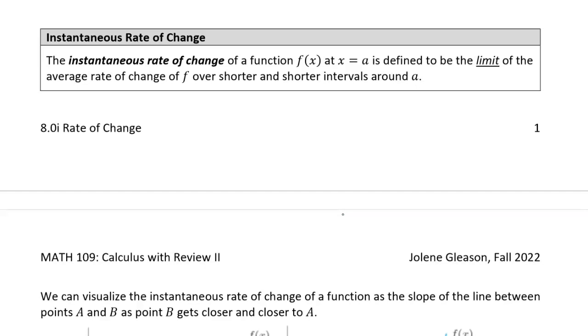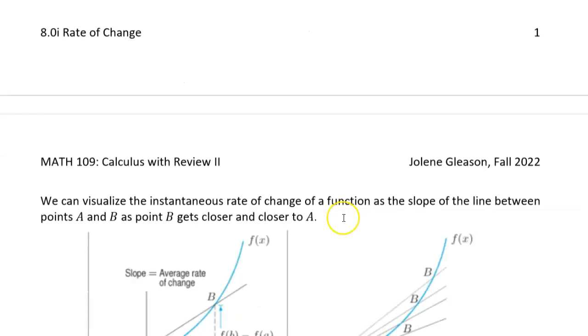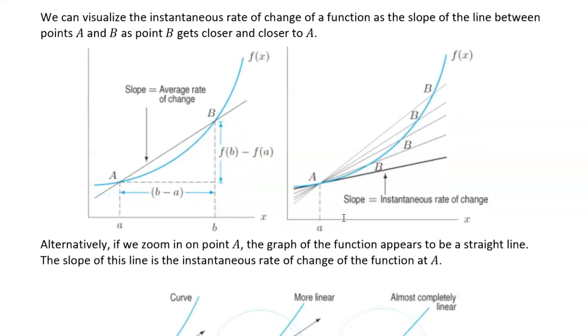All right, so let's try to visualize what we're talking about. If we find the average rate of change between 2 points, the average rate of change is essentially the slope of the line between those 2 points.